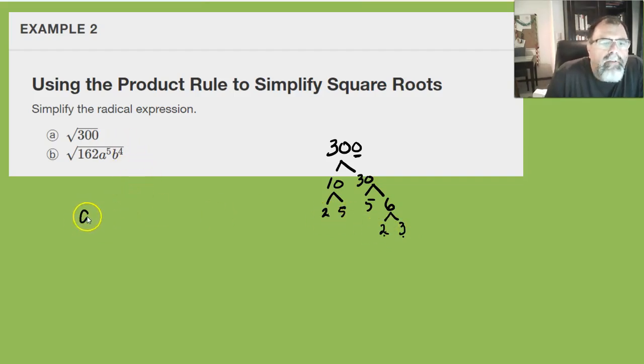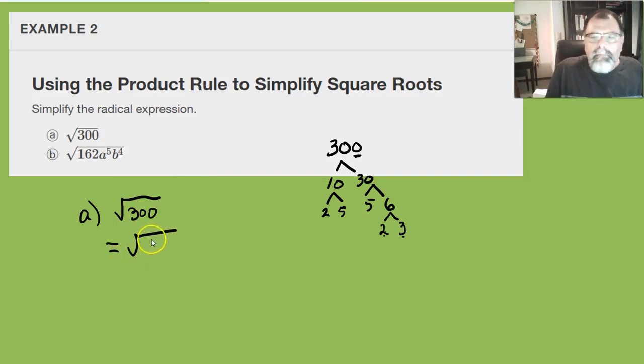So for 300, this is scratch work. I'm going to rewrite it as the square root of 2 2's, 1 3. I like to put it in order. You don't have to. And then 2 5's.